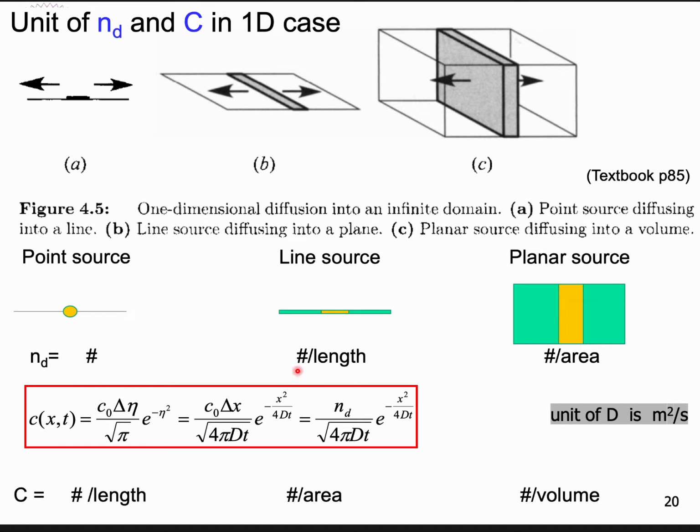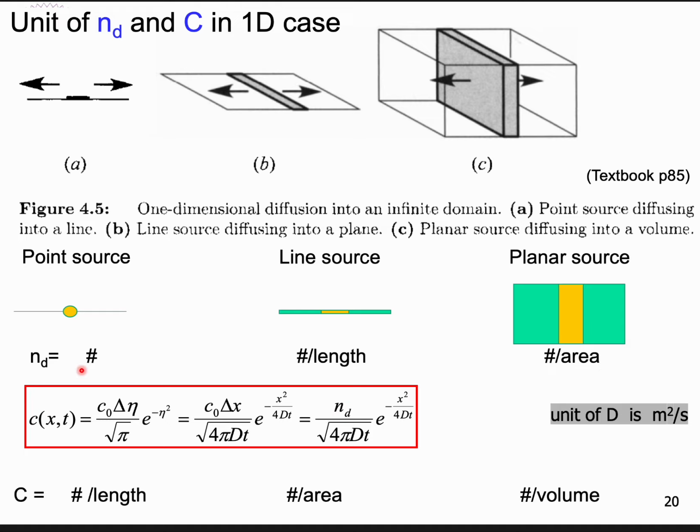For the line source, the unit will be the number of diffusing atoms per distance or per length. For a planar source it will be the area density, the number of diffusing atoms per unit area. If you input this ND here to calculate the concentration of diffusing atoms, for different sources you will get a different unit for concentration.